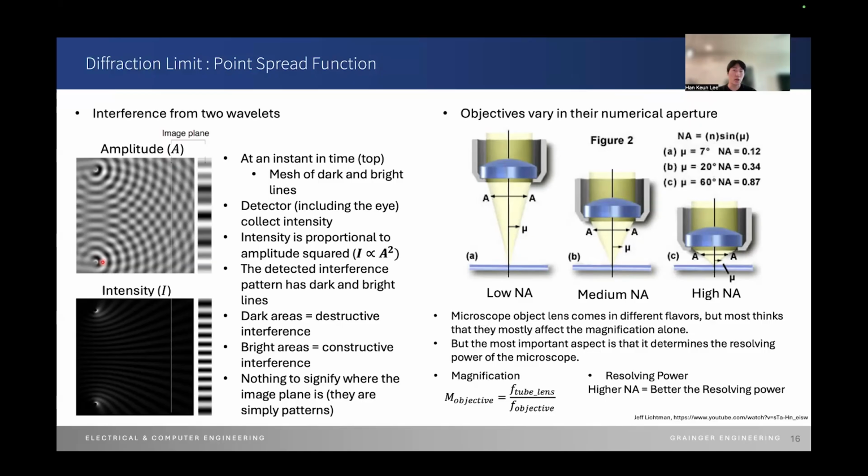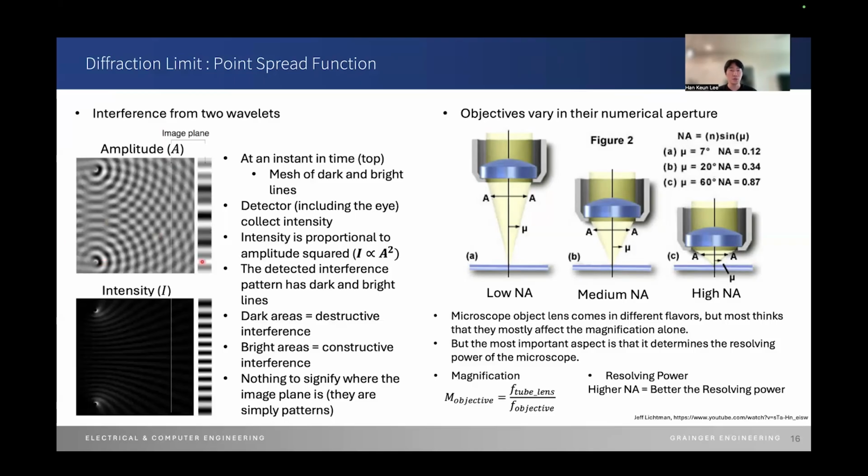Some have low numerical aperture, some have medium, some have high numerical aperture. Most people think that the objective lens only concerns the magnification of the images. However, the most important aspect of the objective lens is that it determines the resolving power of the microscope.